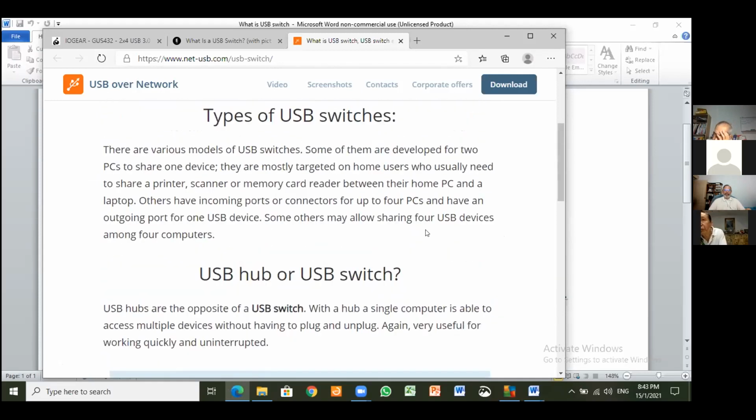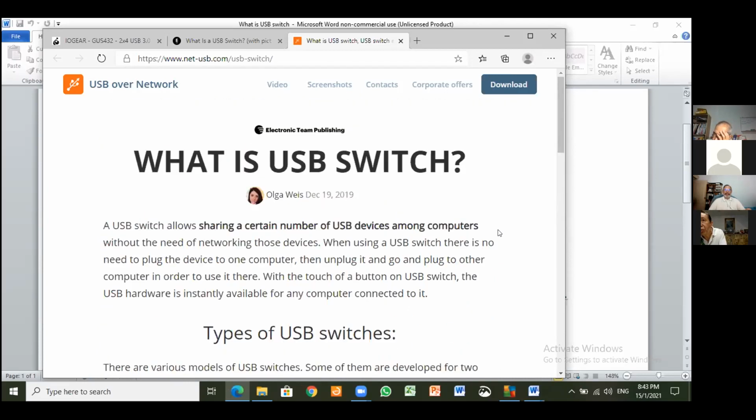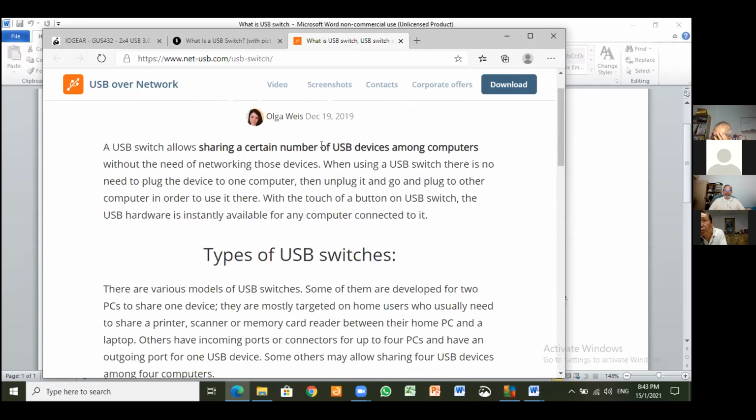The switch is the other type. I think it's in the front already. It shares a number of devices among computers. For our case, what I presented is two computers sharing a few devices without the need for networking.